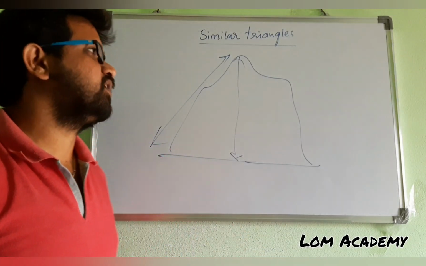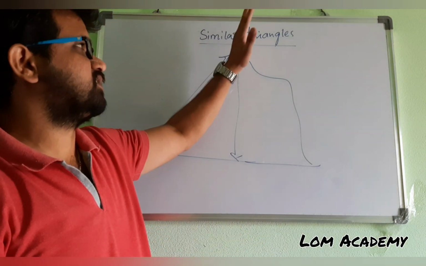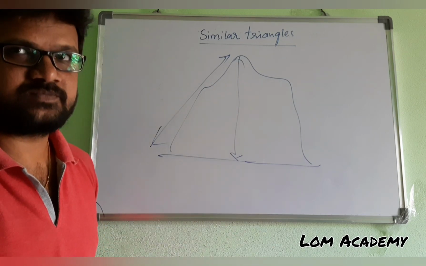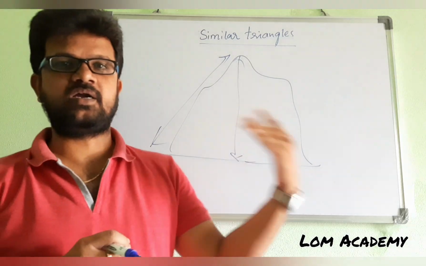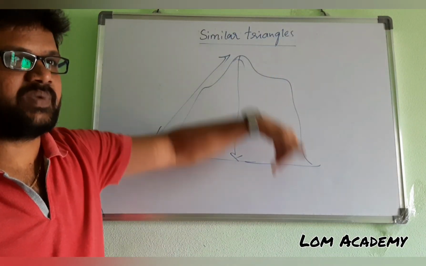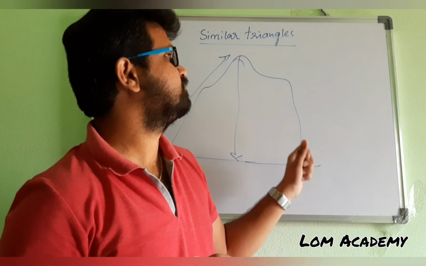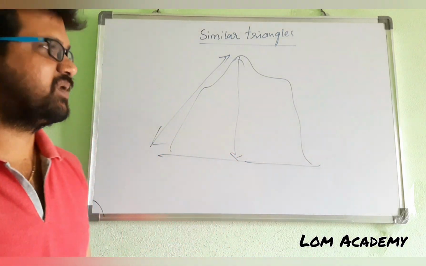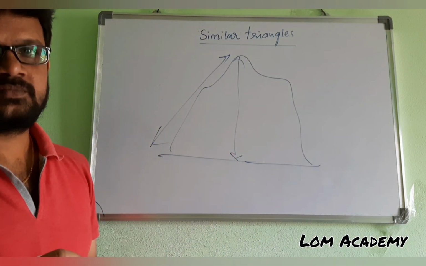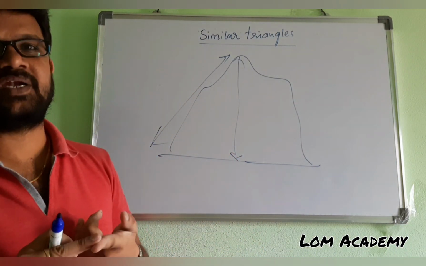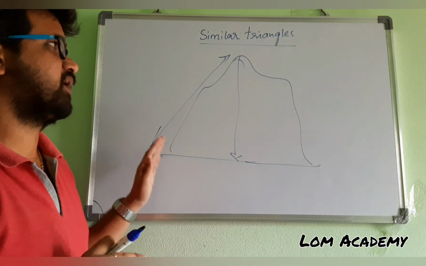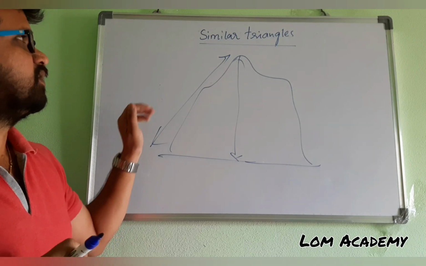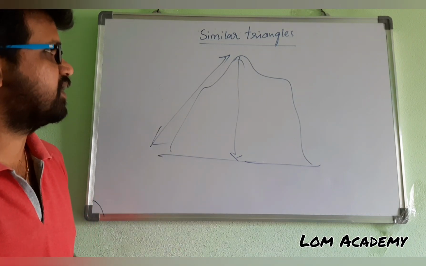It is very difficult to find the height of such tall mountains, or the distance between earth and moon. In these cases we use the similarity concept, and also trigonometry and its applications, heights and distances. So, a very important chapter, similar triangles.